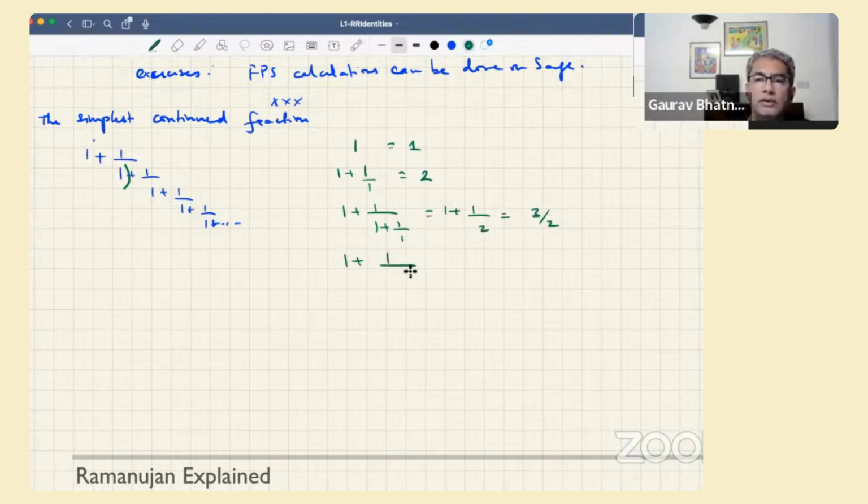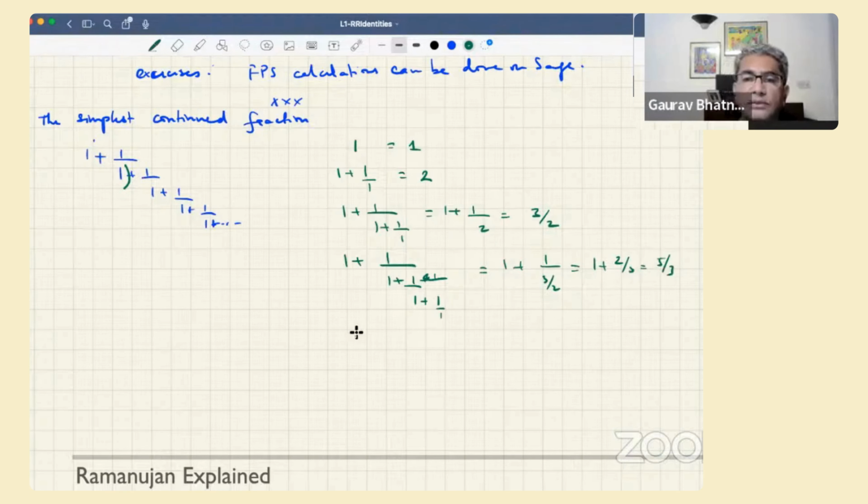Then 1 more. Again, this part is already calculated: 1 plus 1 over 3 by 2, which is 1 plus 2 by 3, which is 5 by 3, and so on.